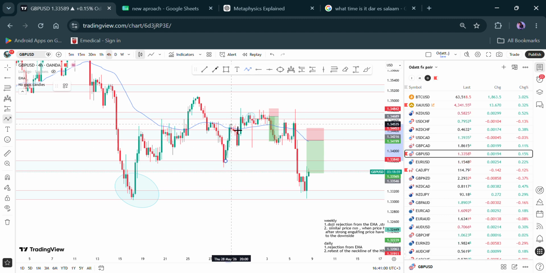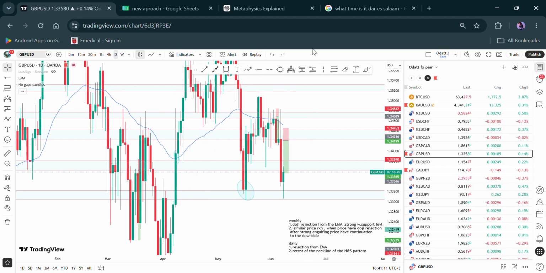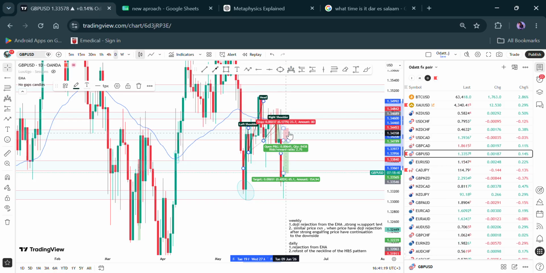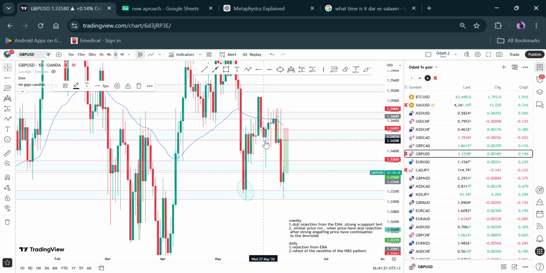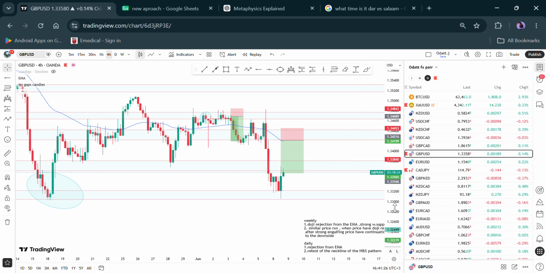On the 4 hour, it will be the right shoulder, break, and retest of this neckline. Weekly, daily, you can use this. That will be the rejection around there, so there is a high probability to go to the downside.